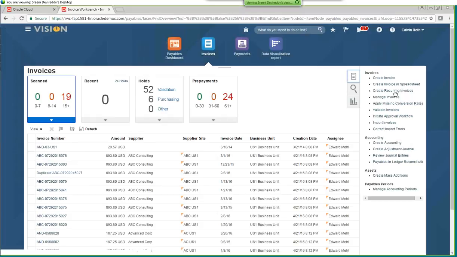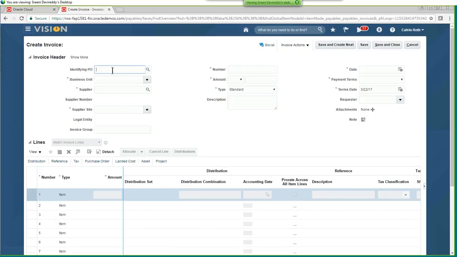Let's create the invoice. And let's assume we got the invoice only for 49, not for 50. And we don't expect the supplier to send another invoice for the rest. Okay, that's the PO. So creating an invoice based on the PO.